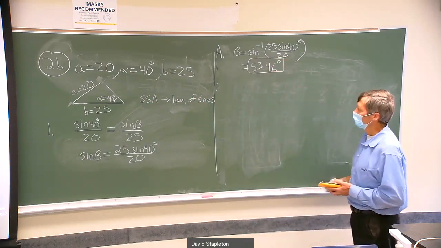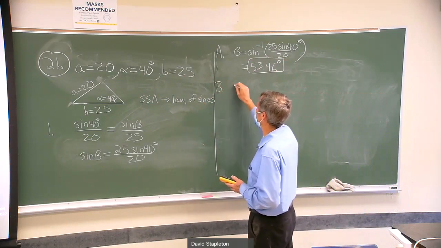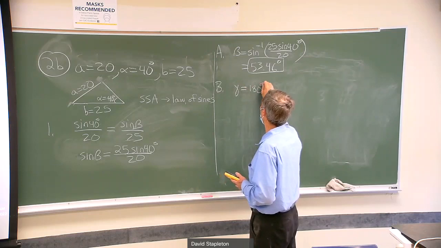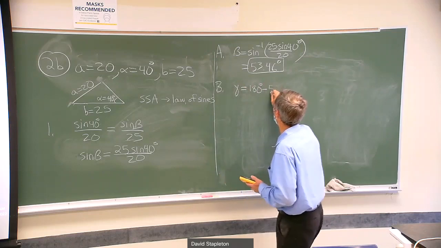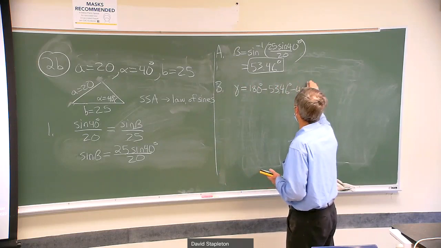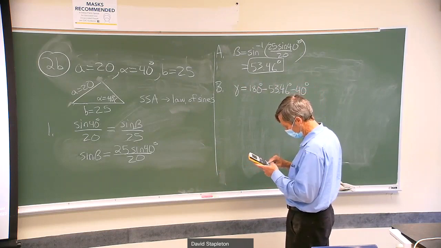All right. Now, once I have 2 angles, I immediately do the easy thing and subtract to get the last one. I have alpha and beta, so I say gamma is 180 less the 2 that I have, 53.46 degrees and 40 degrees. So I'll subtract this from 180.